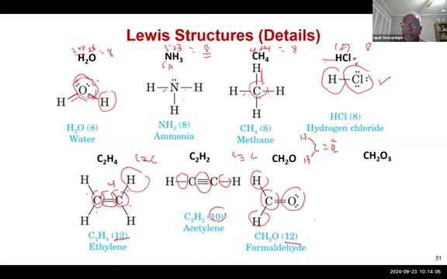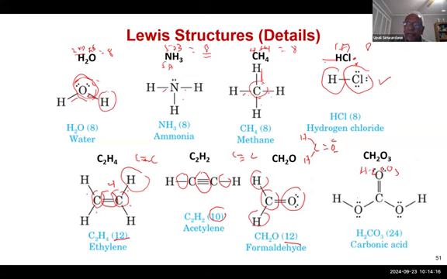Carbonic acid, normally written as H2CO3, has the structure of this one. There are 2 acidic hydrogens. The octet is complete on the carbon and all the oxygens. Hydrogen has a duet.